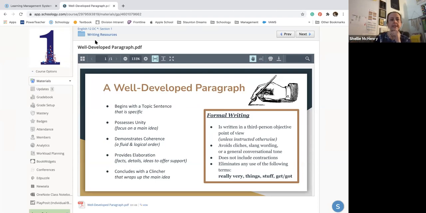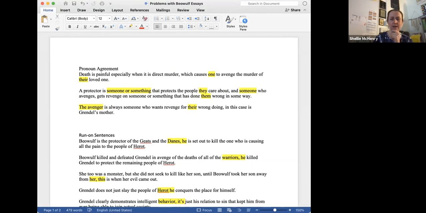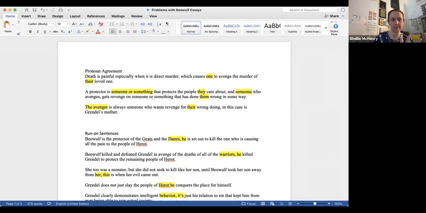All right, so that is the overall. And then I did have this one sheet that I pulled some quotes right out of essays for us to look at. Now, if you find that you have works like, oh, that's from my paper, please do not stress.